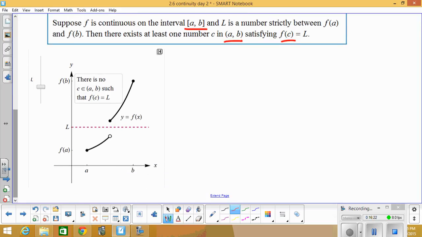Notice here, there is no c that's an element of a to b such that f of c equals L in this non-continuous case. This is non-continuous. I am not continuous on an interval.